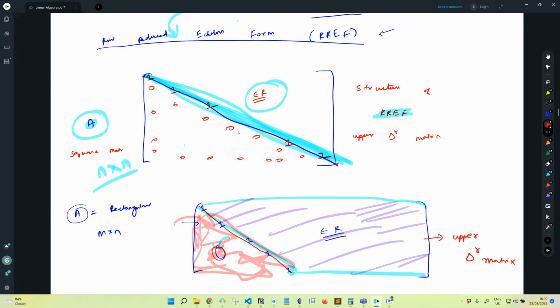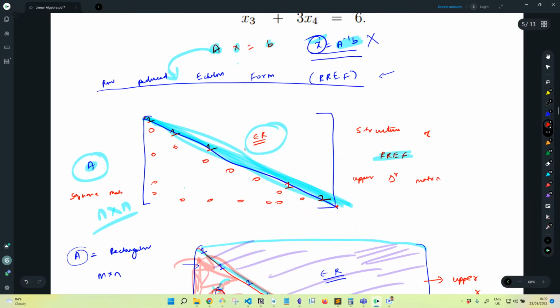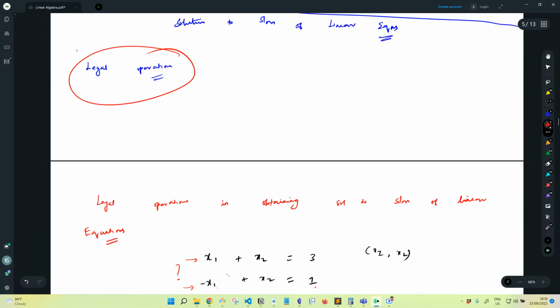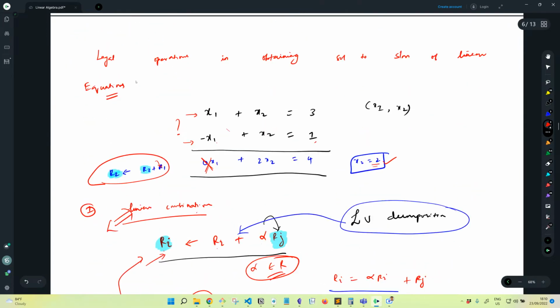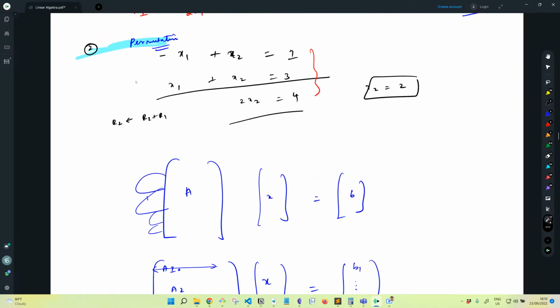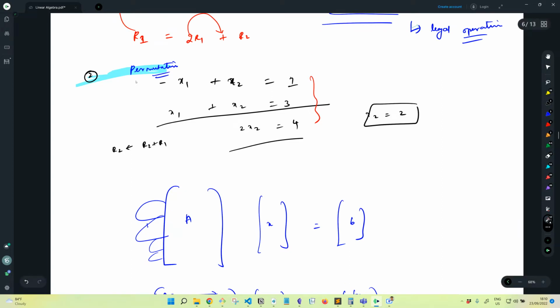Then we saw one more operation. I have the note. Sorry. So this is the RREF. I think we saw the structure, and basically then we formulated the set of legal operations. And what are the legal operations? First is linear combination, that is operation of the form Ri equals Ri plus alpha times Rj.